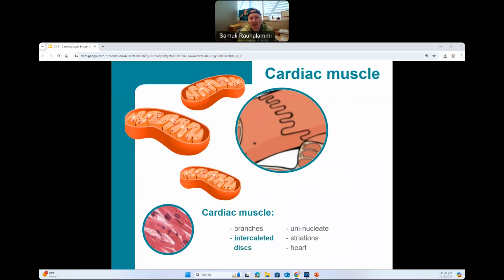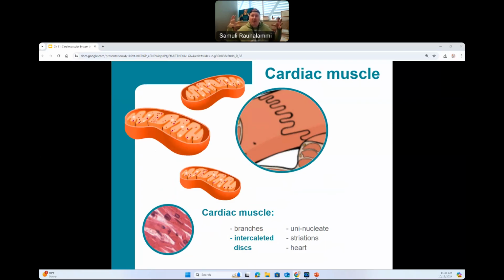And what that really tells us is about the function of the cardiac muscle tissue. So these intercalated discs are located at the end of these branches, so they provide us an easy passageway for materials and also messages to move across from one cell to another. And that's really the reason why we also see a lot of branches.